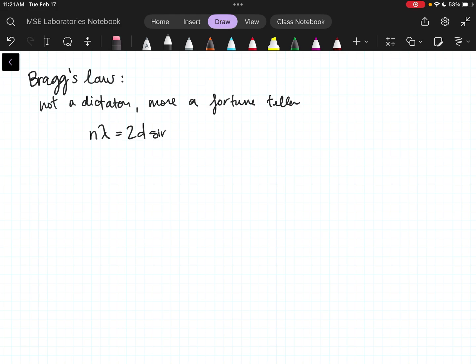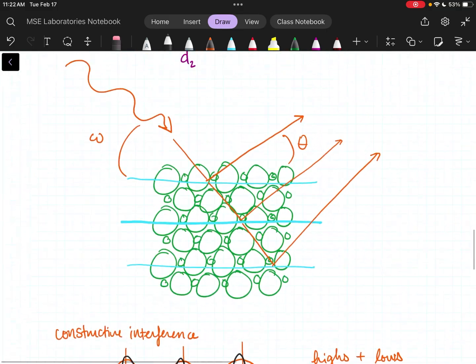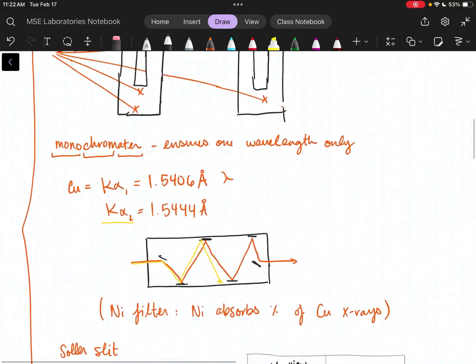I'm confident you've got it in your notes from classes where you've learned it. Do you know it off the top of your head? It is n lambda equals 2d sine of theta. I'm going to clarify this just a little bit. It is n lambda equals 2d sine of 2 theta divided by 2.